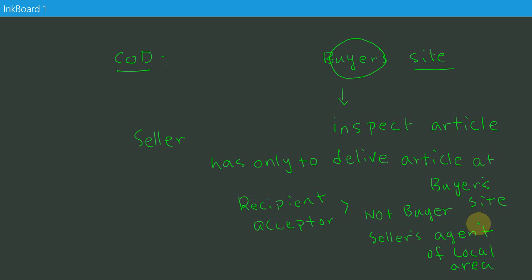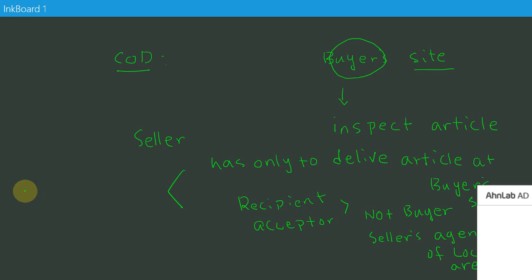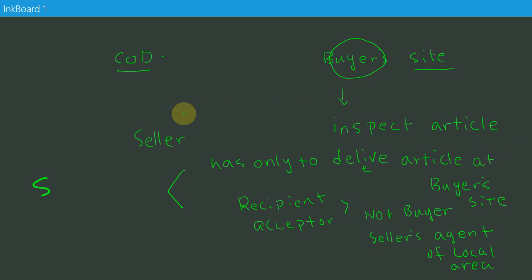Why? Easy. Imagine if the seller dispatched directly to the buyer, and after receiving the product, the buyer did not pay. What can happen? This is very risky, right?